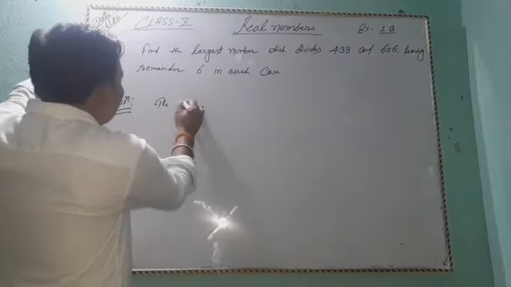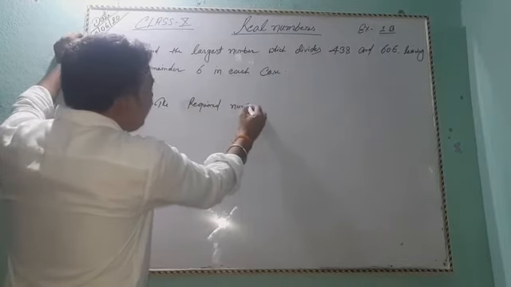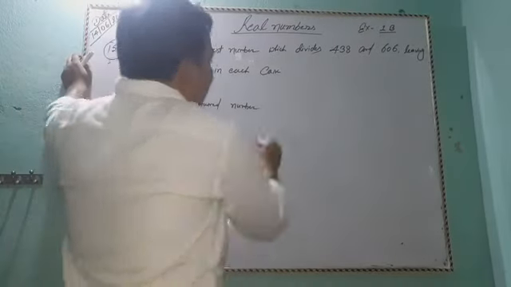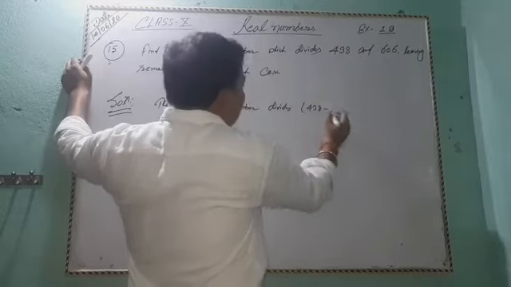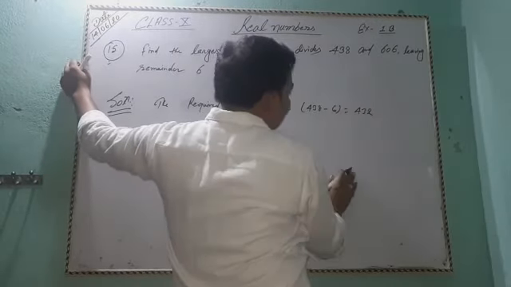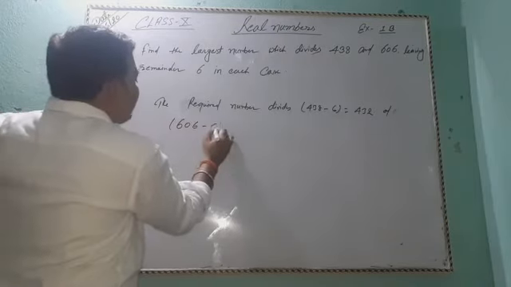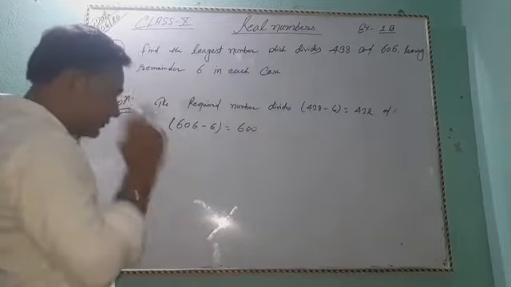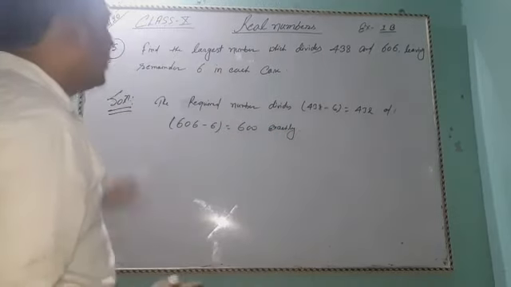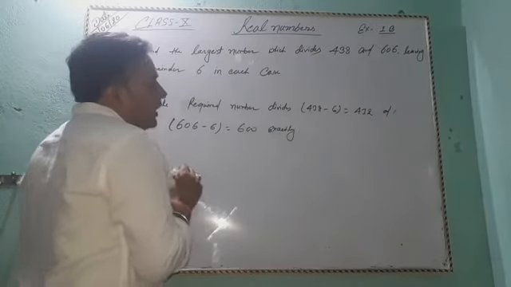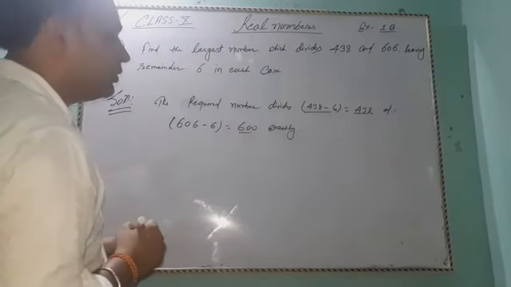Let the required number divide 438 minus 6 equal to 432, and 606 minus 6 equal to 600 exactly. रिक्वायर्ड नंबर जो है, अगर 438 माइनस 6 इक्वल टू 432 और 600 में डिवाइड करते हैं तो पूरी तरह से डिविजिबल हो जाएगा.